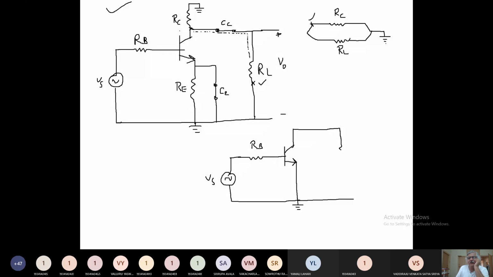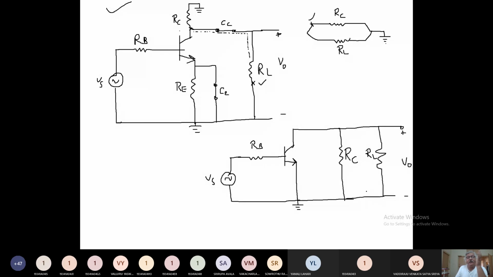Here I can draw RC, then RL. Right? And across this RL, here we are taking the output voltage, V out.